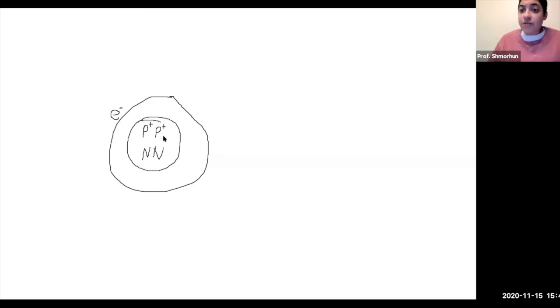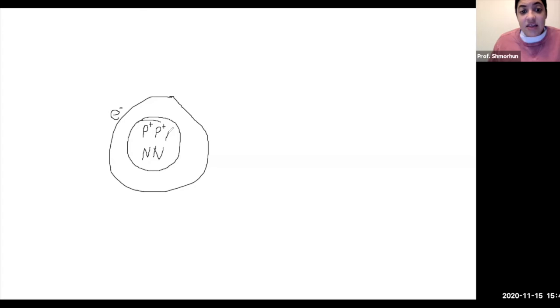If you look at the periodic table of elements, which you can recall from your basic chemistry, there are many different elements, and each one is defined in its basic sense by the number of protons residing in the nucleus. So, in this nucleus, I have two protons and two neutrons.